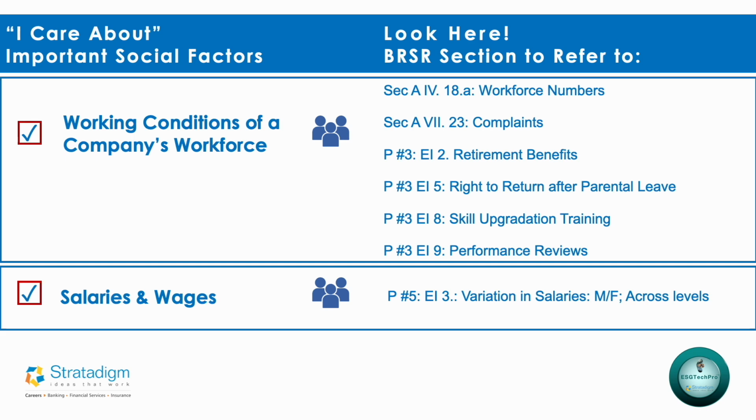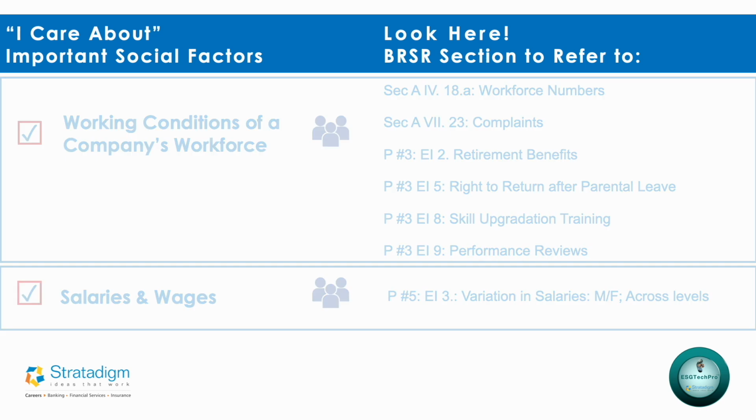For the same task, a man being paid more than a woman is also not considered great. When you reviewed workforce numbers, you would have looked at the mix of men and women. Is the salary in the same proportion as men to women? That's the kind of data you want to look up and assess.